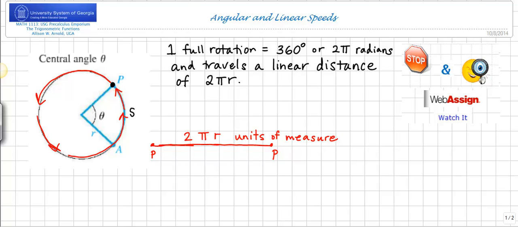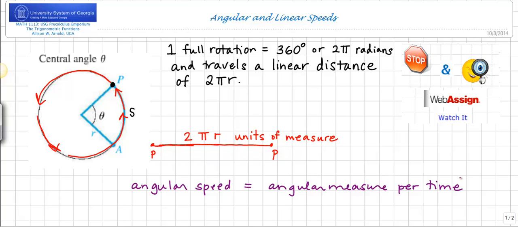Angular speed is a measure of how fast a wheel, or a circle if you will, is rotating with regard to its angular measure per time. So that's like saying 360 degrees or 2 pi radians per minute or per second, something like that.